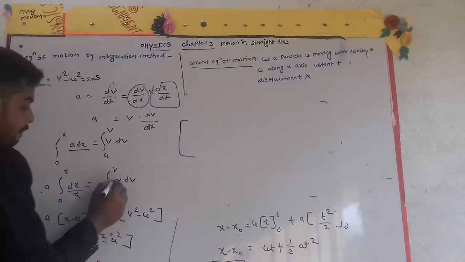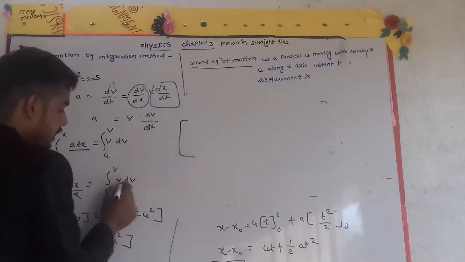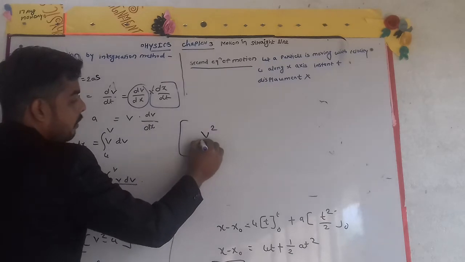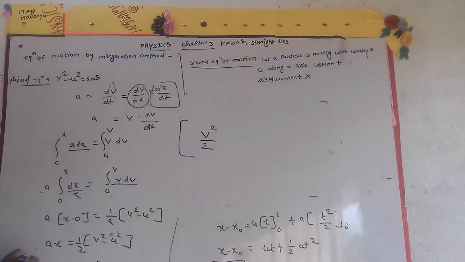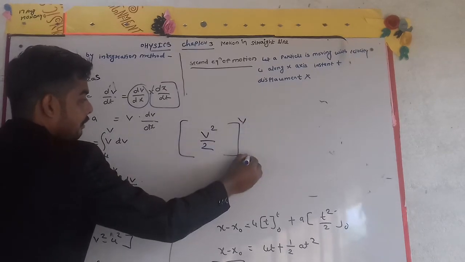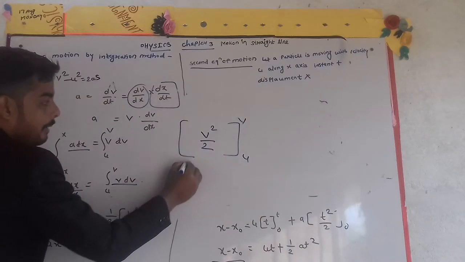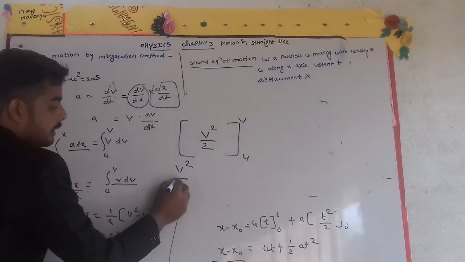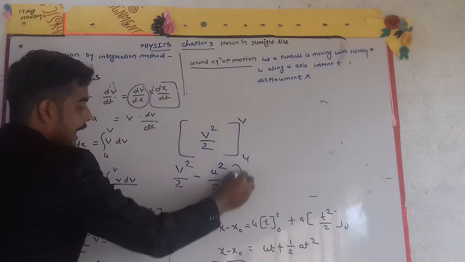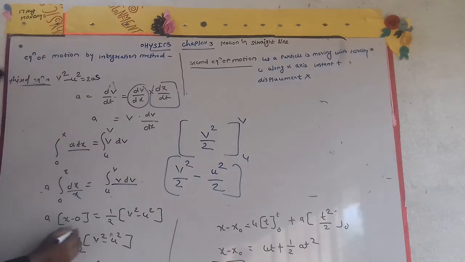Here we have to integrate v from u to v. The integration of v is v square upon 2. Upper limit minus lower limit: v square upon 2 minus u square upon 2, so 1 upon 2 common, (v square minus u square).